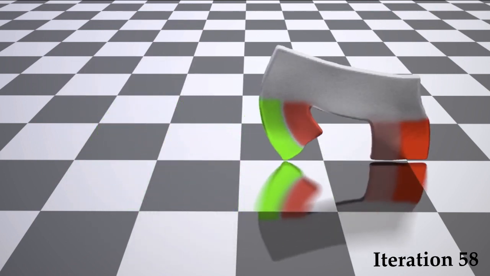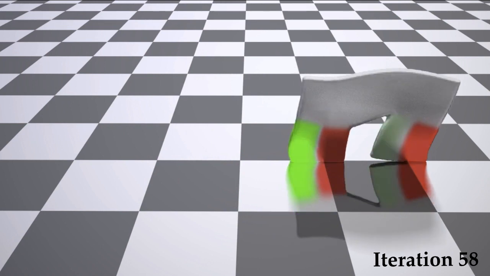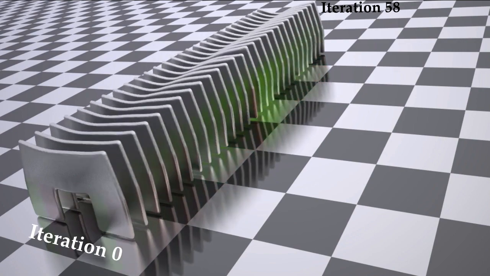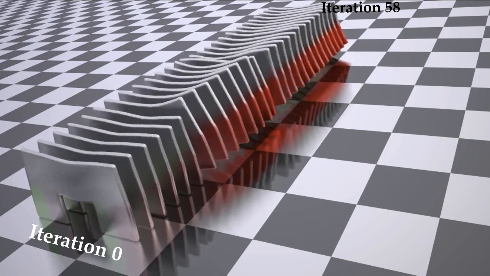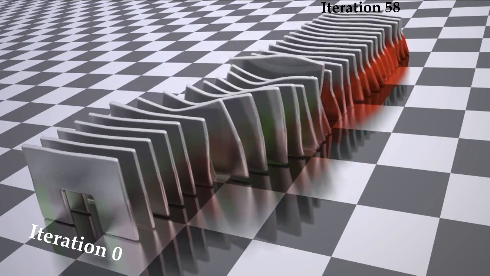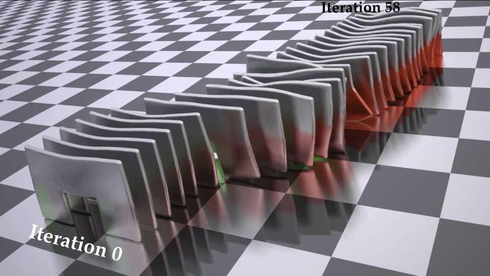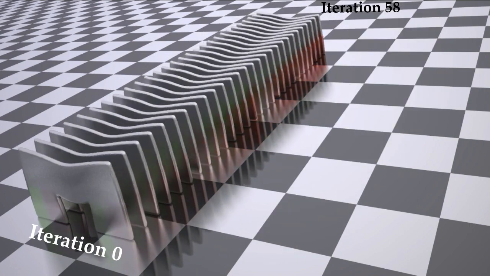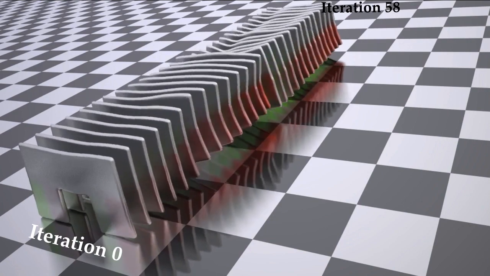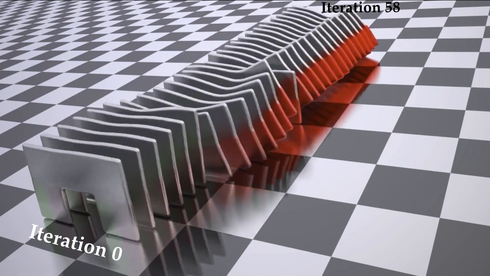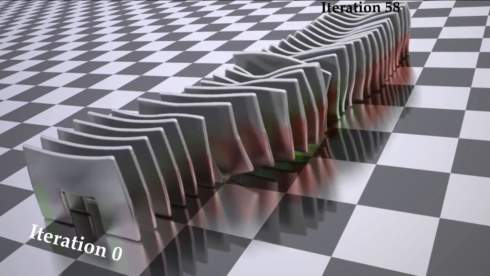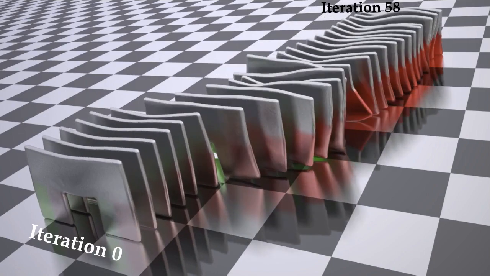This is actually a very efficient learning process compared to reinforcement learning. Here I'm showing 58 iterations of the optimization process. Starting from iteration 0, it's not making progress, but after just 58 iterations, it's starting to behave very smartly, just by brute force gradient descent.